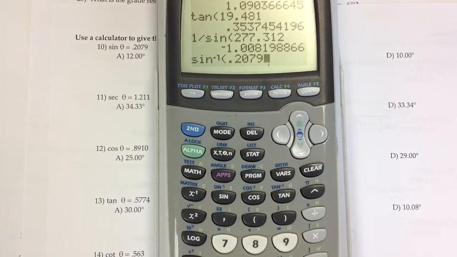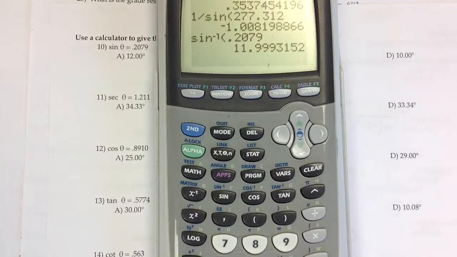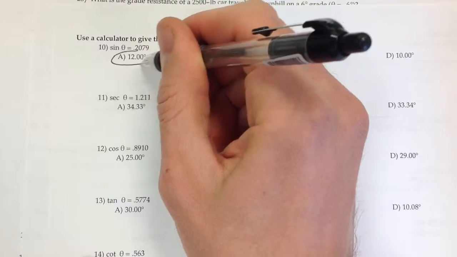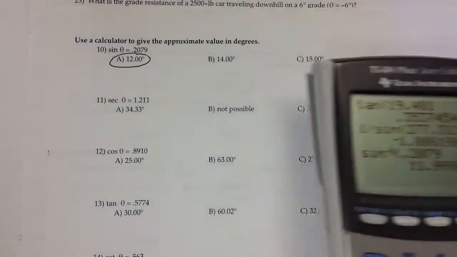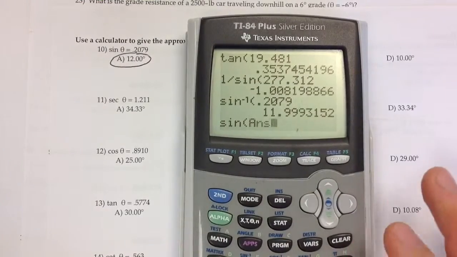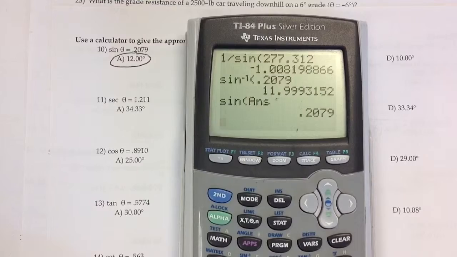And it undoes the sine and it gives you the angle. Okay, so that's an angle in degrees, about 12 degrees. And if you do the sine of that, you get 0.2079, which is what we want.